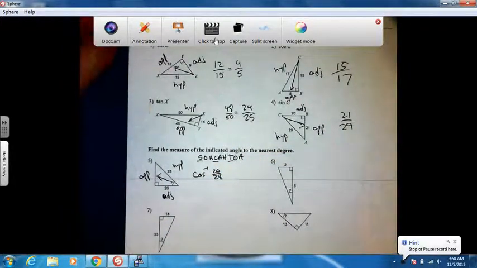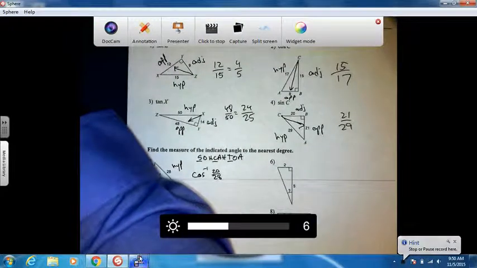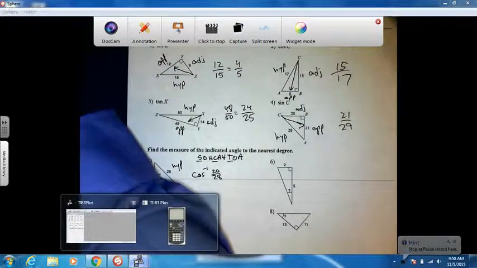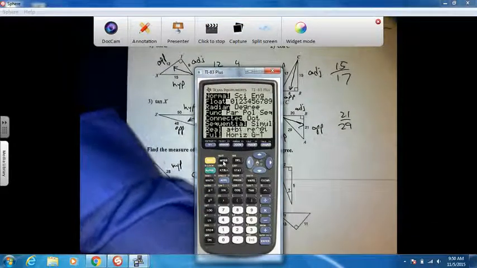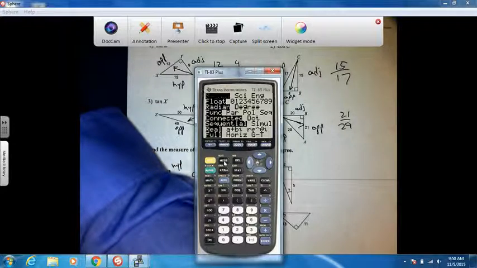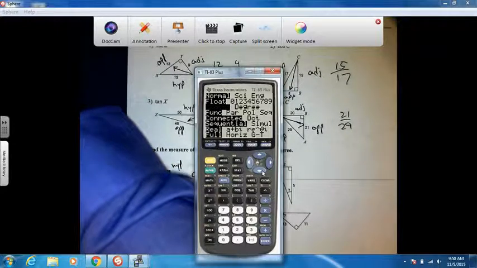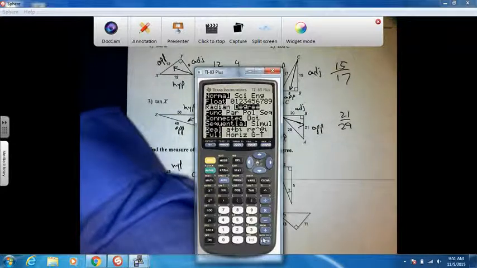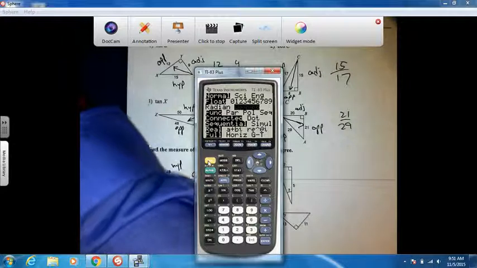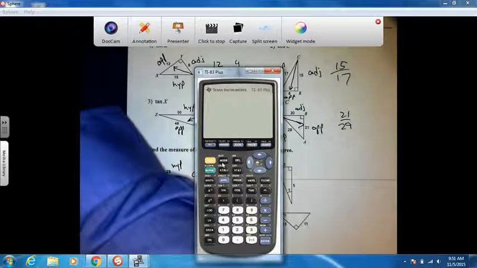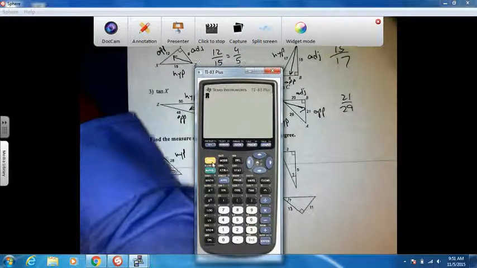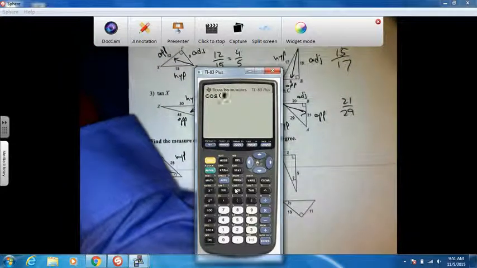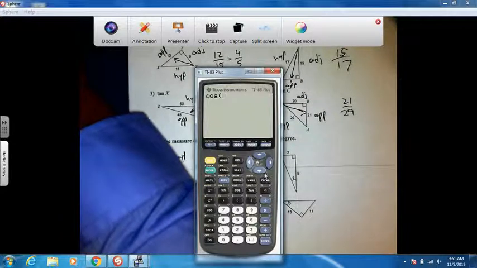So I need my calculator. So I'm going to bring up the calculator. Now, the thing you need to make sure is that you are in degree mode. So hit mode, go down to radian, hit the right arrow, go to degrees, and hit enter. Degree is now selected, so I can quit. Now, second cosine is what I need to hit. Oops, it didn't register the second.